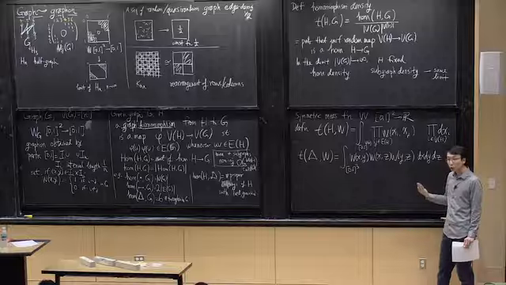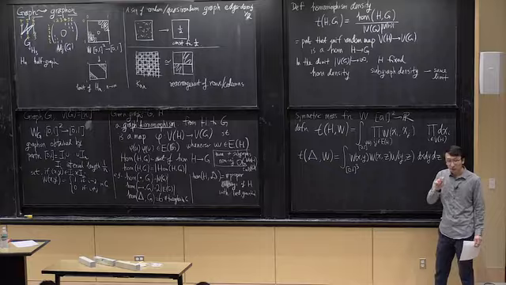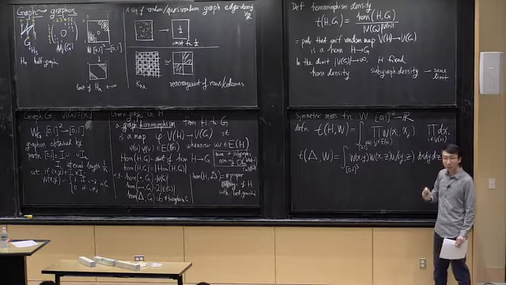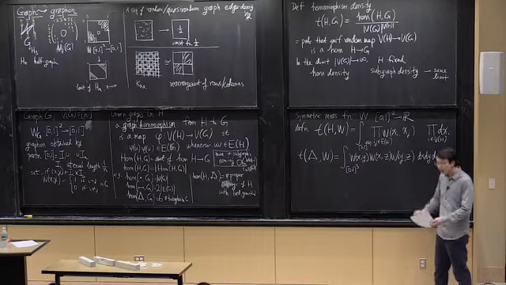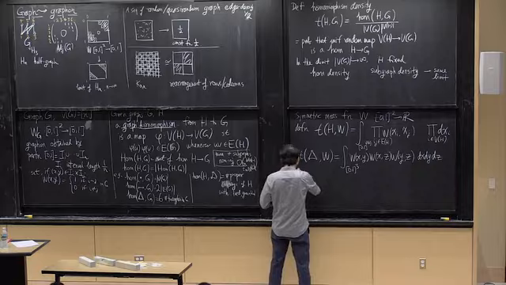So this is the definition of homomorphism densities, not for graphs, but for symmetric measurable functions, in particular for graph functions. And we use the same symbols because these two definitions agree.